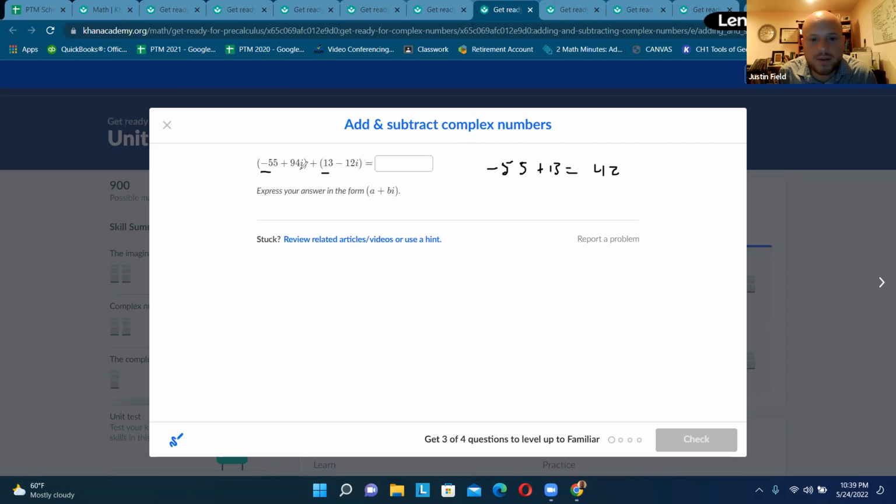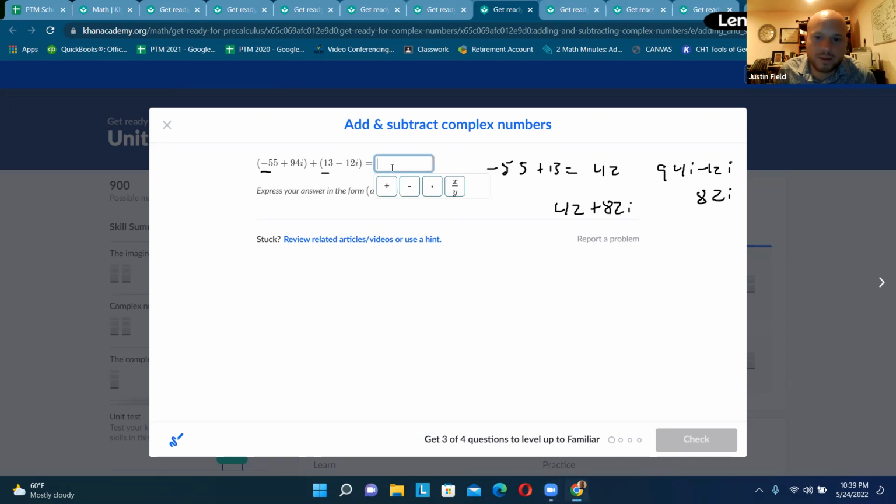And then 94i minus 12i is going to be 82i. So are we looking at 42 plus 82i? Let's see. 42 plus 82i. Now, what did I do wrong there?